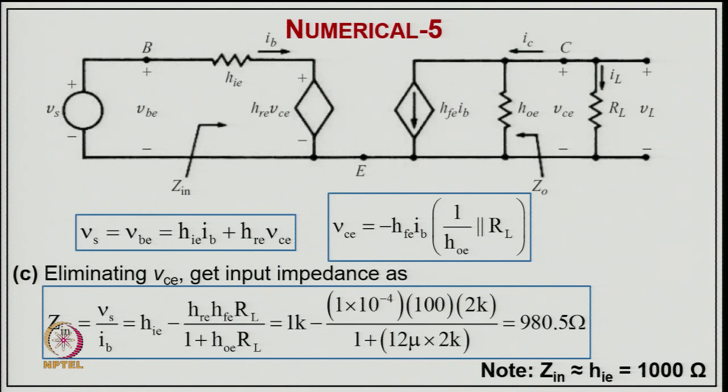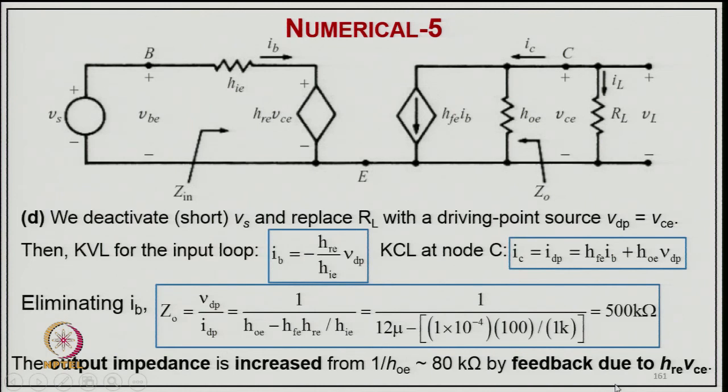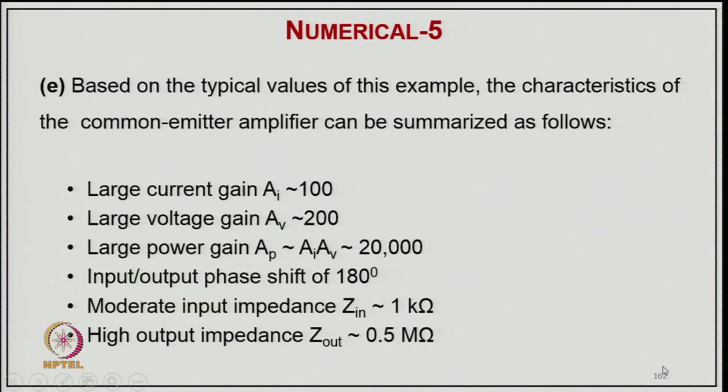So just putting Zi, putting in the formula all the data given here, we get 980.5, and that is approximately 1000 ohm, and from that, from the characteristic derived, putting all these values we get the output impedance corresponding to 500 kilo ohm, I mean in this relation.